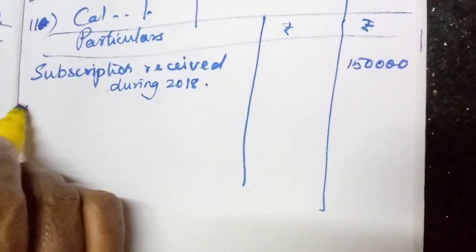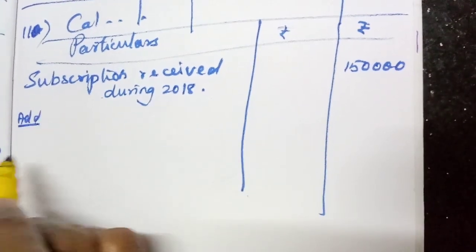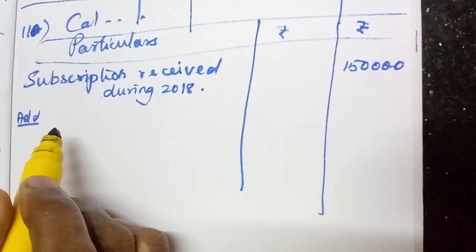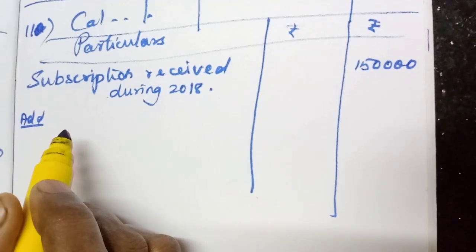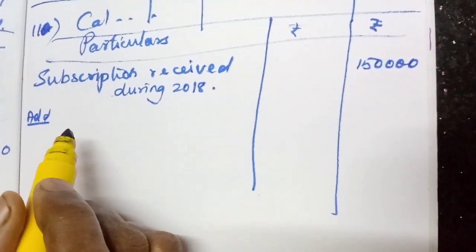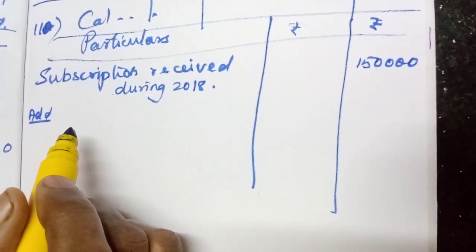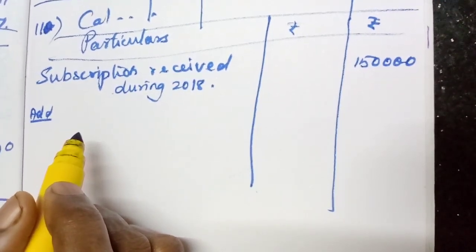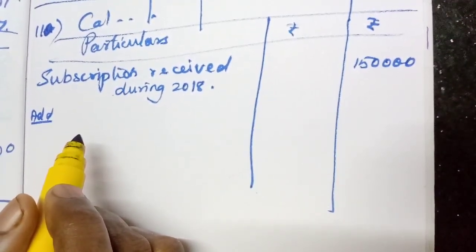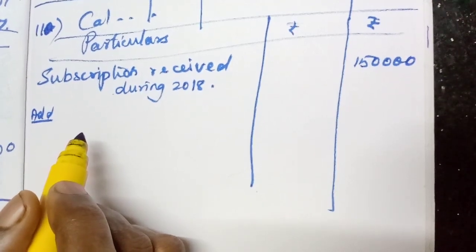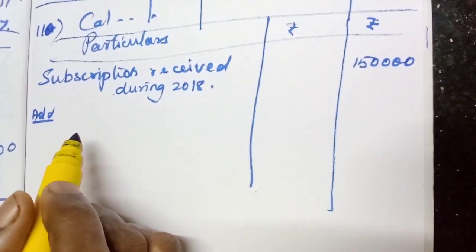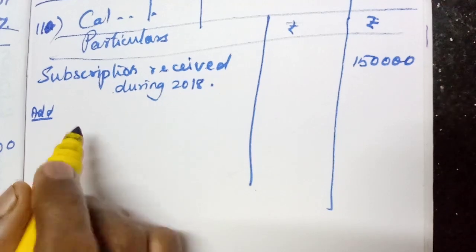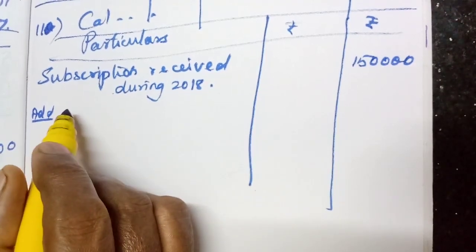Then what should be added, what should be deducted? So here the first column given is outstanding subscription, and the second is subscription received in advance. The first one is last year's subscription, isn't it? So you leave it. The next one is current year's subscription, so that we have to add.